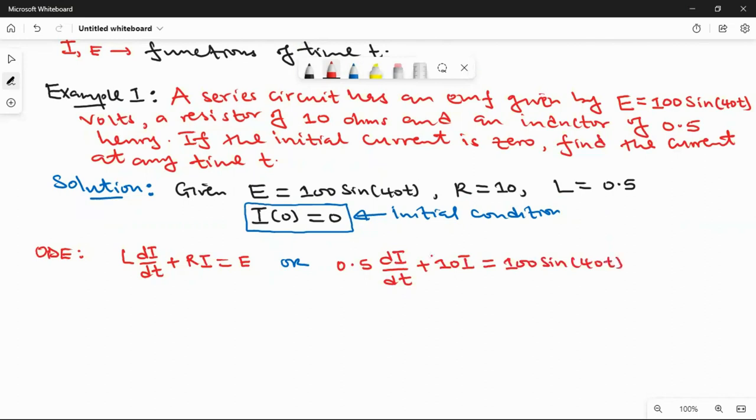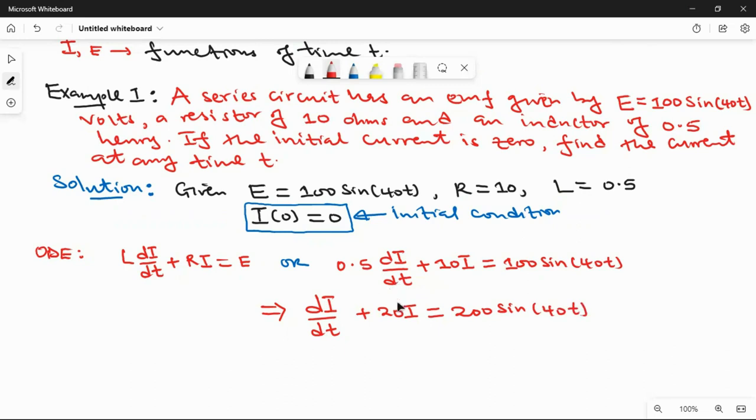Now you need to make the coefficient of the highest derivative 1. So if I divide through by 0.5, which is the same as multiplying by 2, I'm going to get di dt plus 20I equals 200 sine 40t.